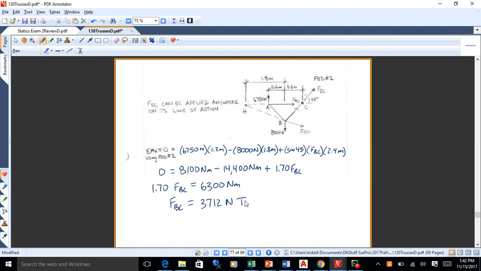Now, if I really want to get tricky there, I could actually take FBC, the unknown, and slide it up to point C, even though that's not on my cut of the truss, but I could do that, and that would get me a simpler equation. It changes the moment arm, it's 2.4.